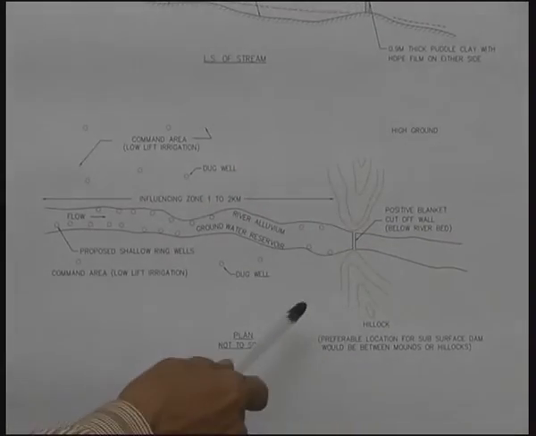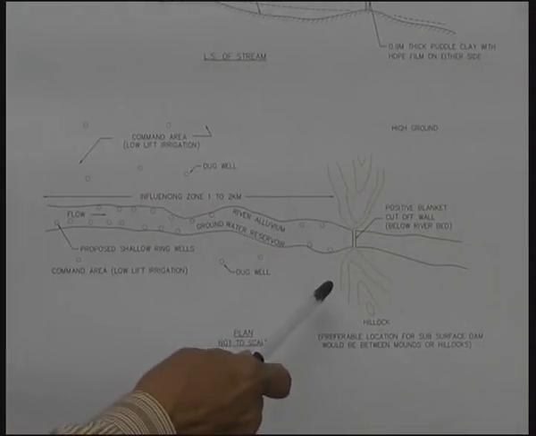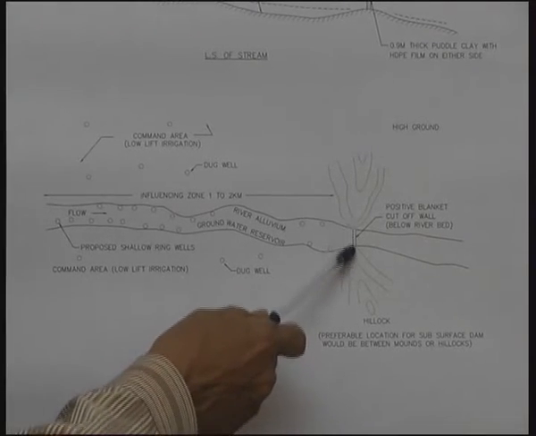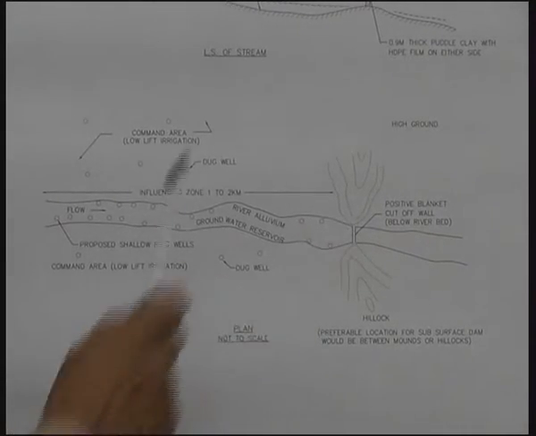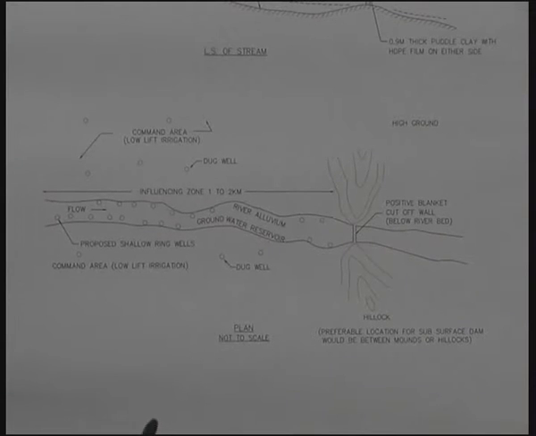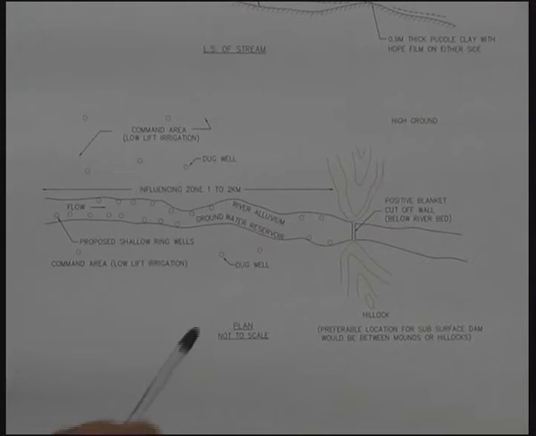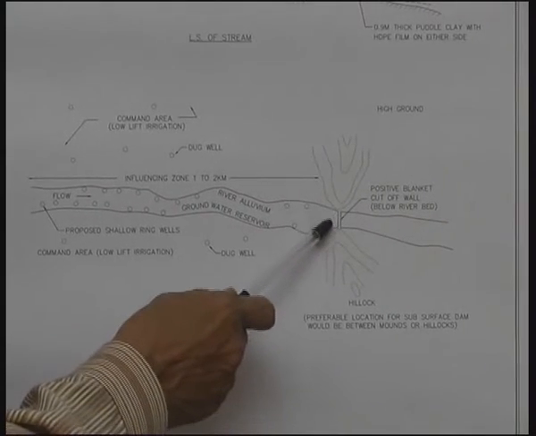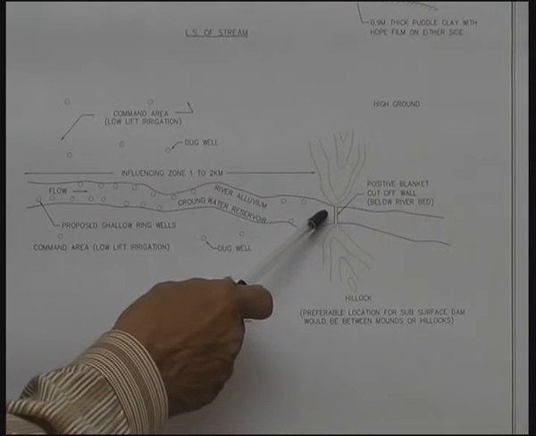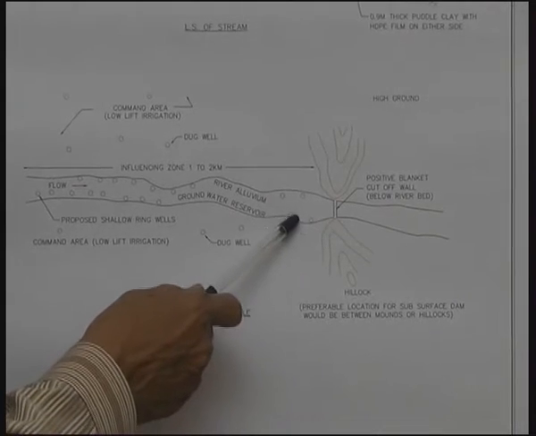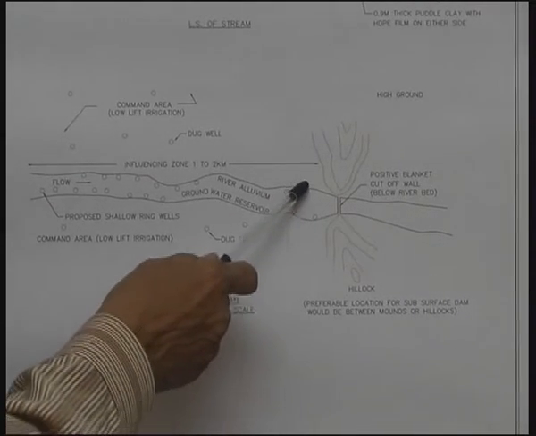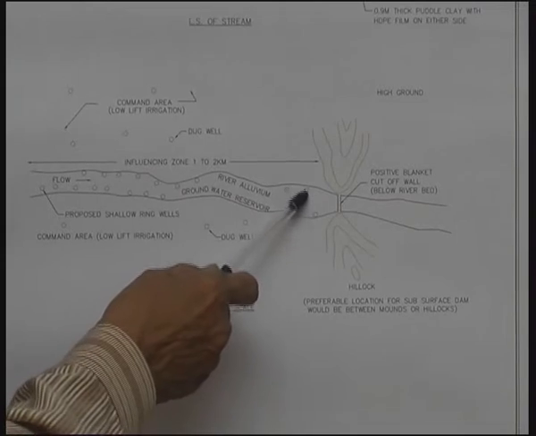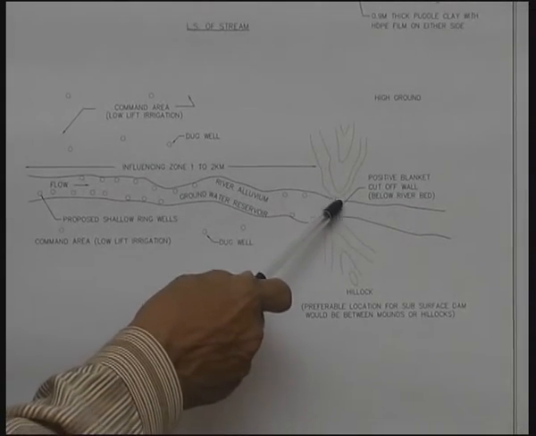At one particular point, we can select that location for construction of a subsurface dam. For bringing down the costs, we can select a place where the width of the stream would be less. This could as well be constructed here, but the width of the stream is much more when compared to this width.